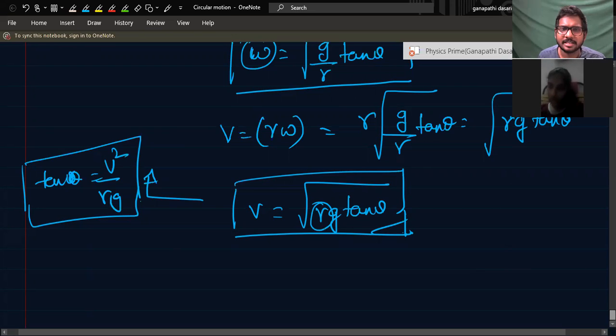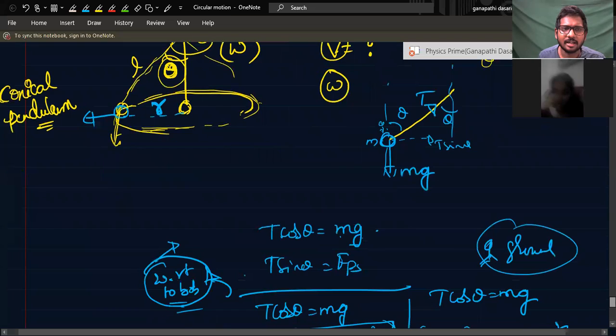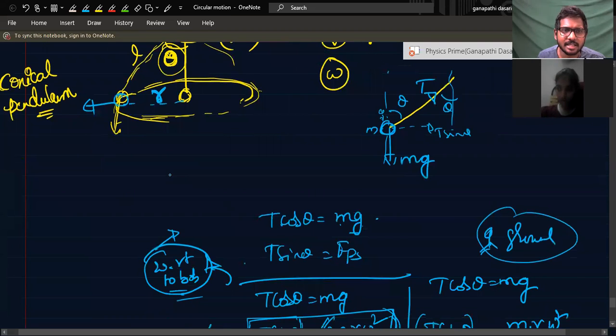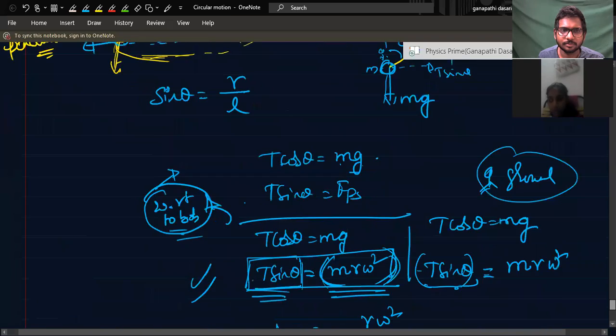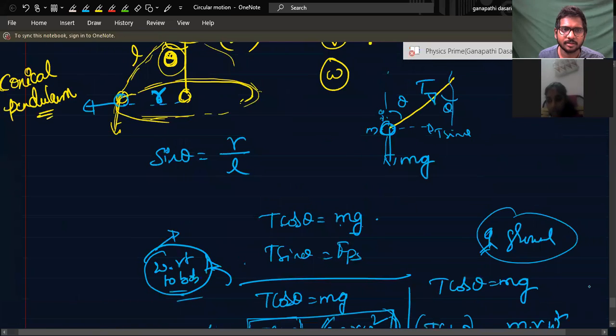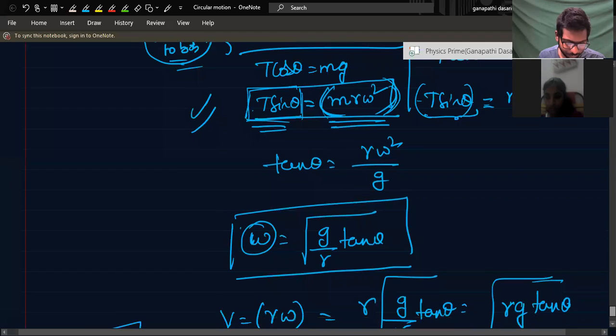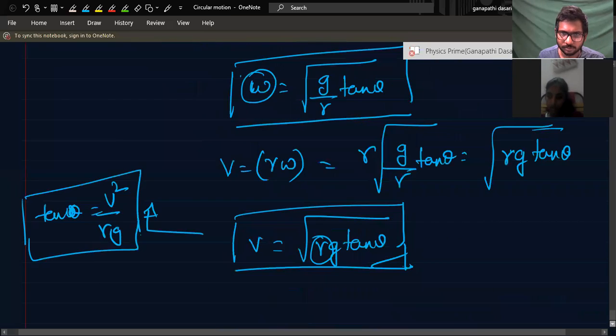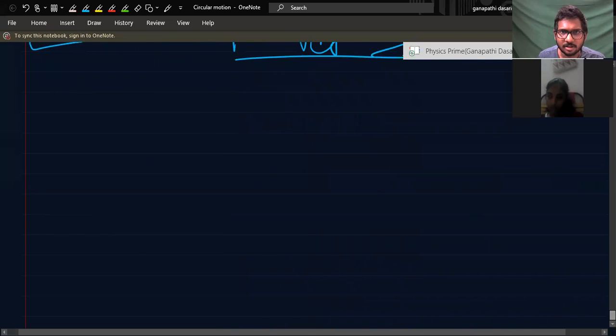From the diagram you can say, sin theta is equal to r by L. This is the opposite side divided by hypotenuse L. Okay. Yes, sir. Did you get it? Did you understand these things?